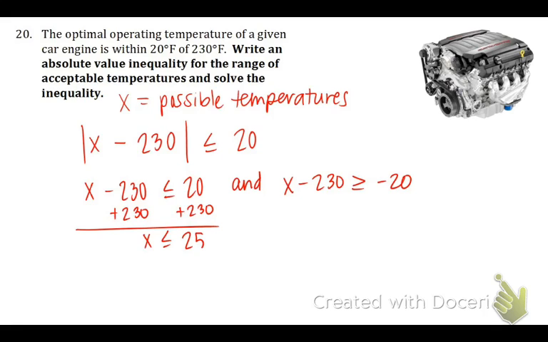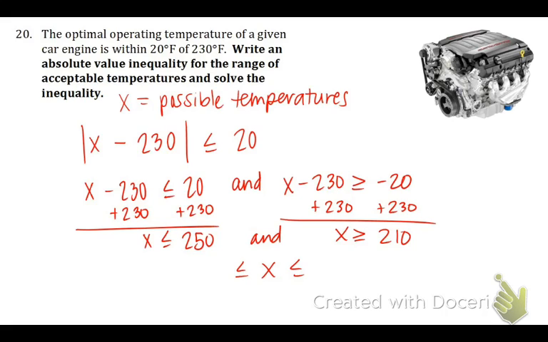This is 250 right here. And 210. Now an and problem is having the x in the middle, and the smaller number goes on the left and the bigger number goes on the right. So this means that the acceptable temperatures for a car engine in this specific situation are between 210 and 250 inclusive.